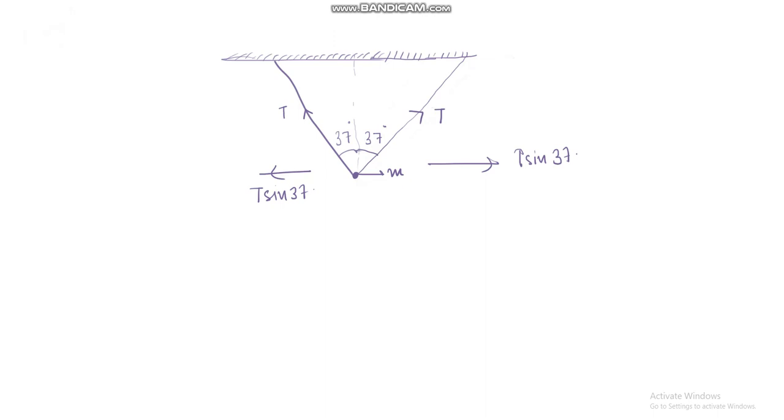Both are equal in magnitude and opposite, so they cancel each other. The net component of the tension is upwards, which is T cos 37 equals mg. So 2T cos 37 = mg, with cos 37 = 4/5, which gives T = 5m/8 in the given numbers. This will be the tension.